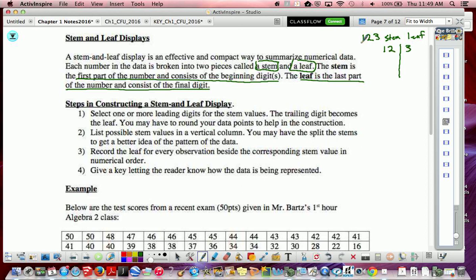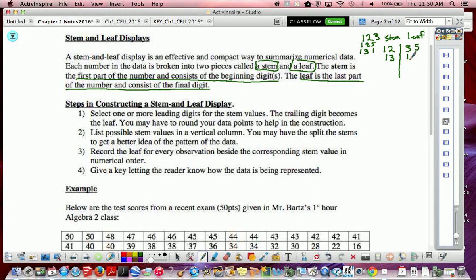If I also have the number 125, I can just put a 5 here. So I have 123 and 125. It allows you to start to put your data together. If I also have the number 131, I can put a 13 here with a 1. So that represents 131.